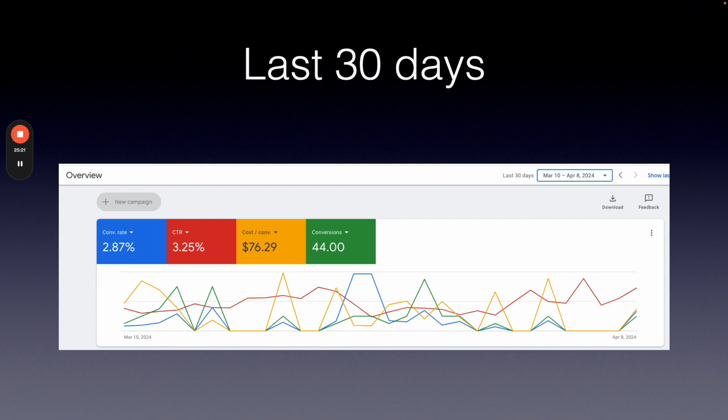Pause any keywords that are irrelevant. That's going to boost our click-through rate. Make sure our conversion tracking is set up properly. Go look at the landing page. Rewrite the landing page to follow that template I showed you, and you will get the increase in data that I showed at the beginning of this presentation.